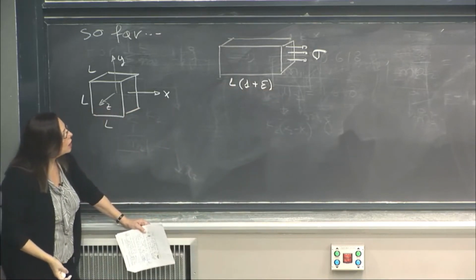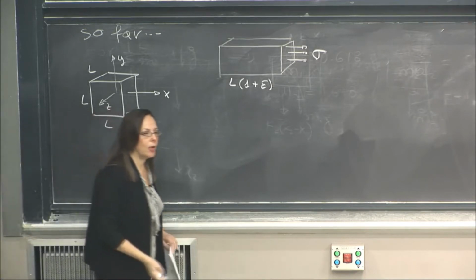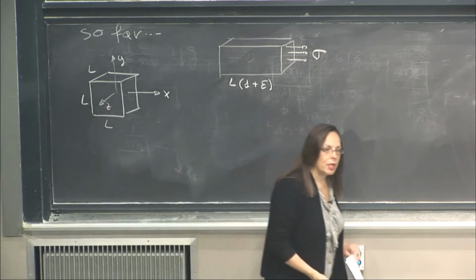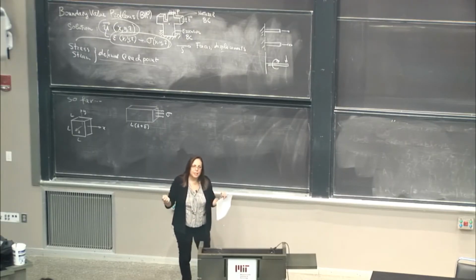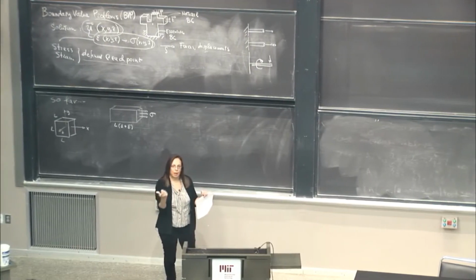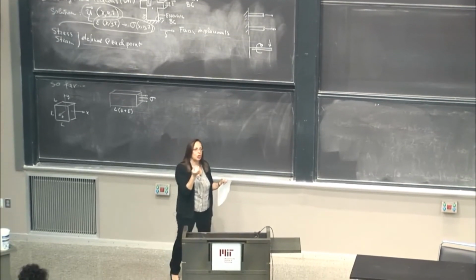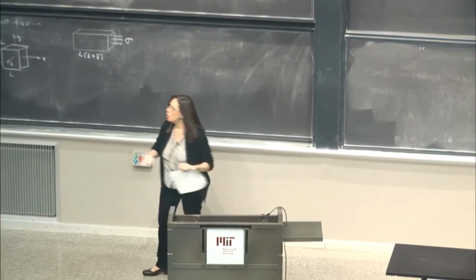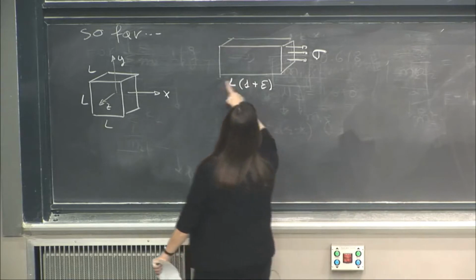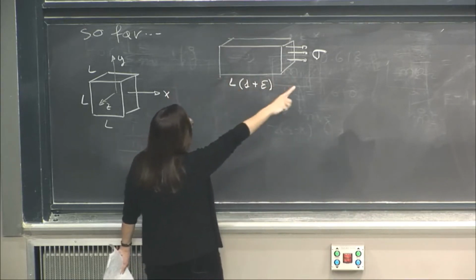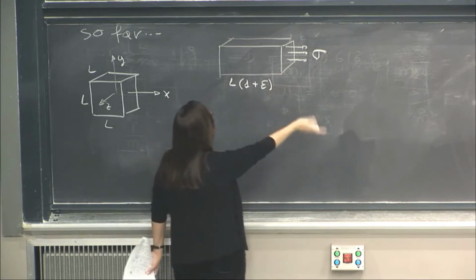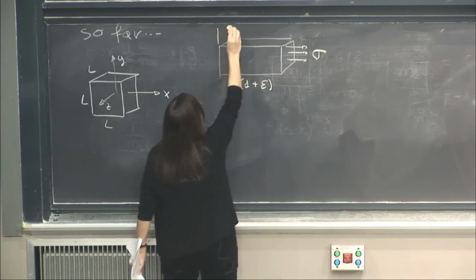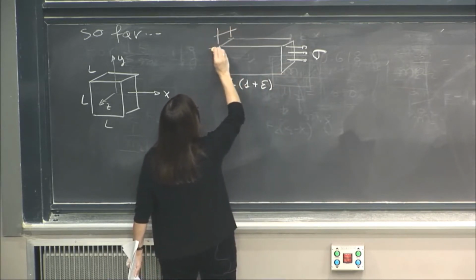We know all this. We also learned in our discovery lab that if I load something in axial loading, it extends along the direction in which I load it, but also changes dimension in the transverse direction. If I have an epsilon strain in the direction of loading, and I'm just doing uniaxial loading, so I only have one stress in that direction, I also have changes in these dimensions over here.